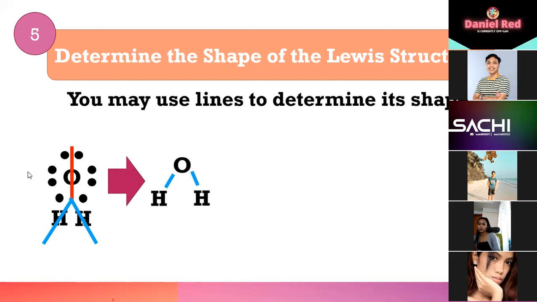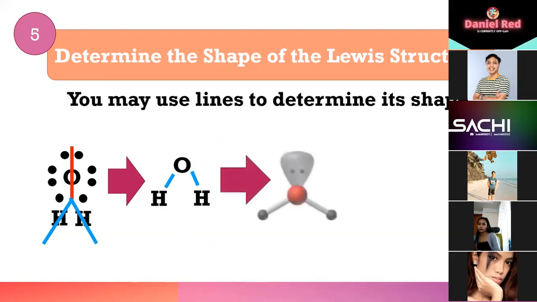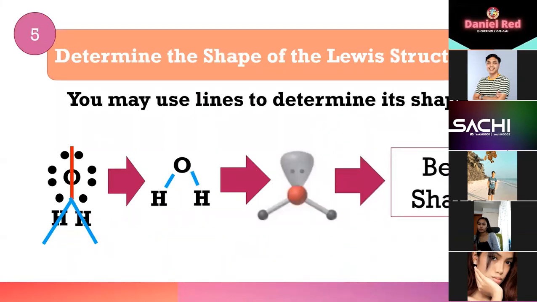So you have here oxygen bending out two side hydrogens, forming this particular shape. Then compare this shape to our presentation previously, and predict the shape of this molecule. So this molecule is a bent-shaped molecule based on the Lewis structure.